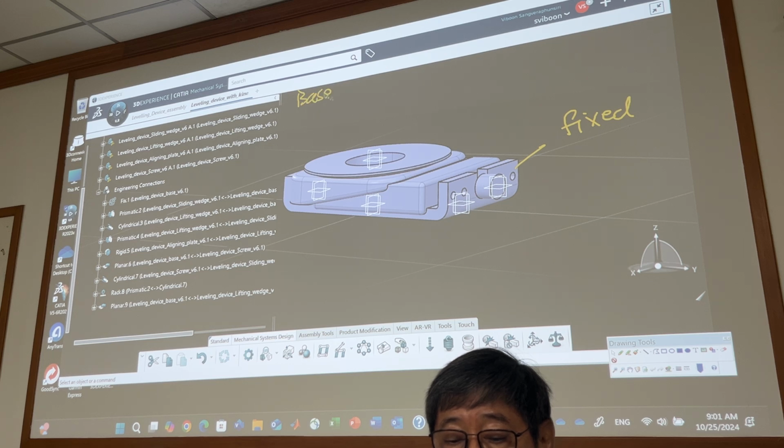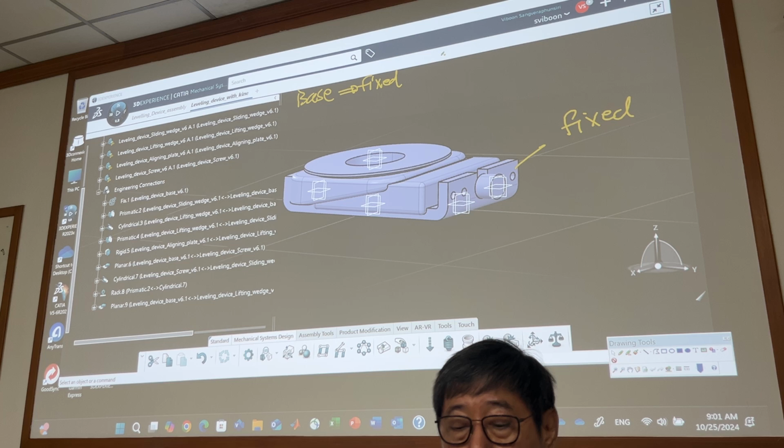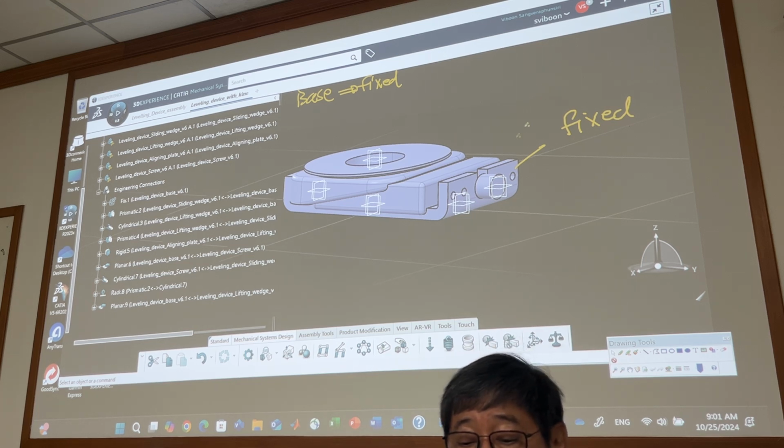Base fixed, right? And this is for number one.